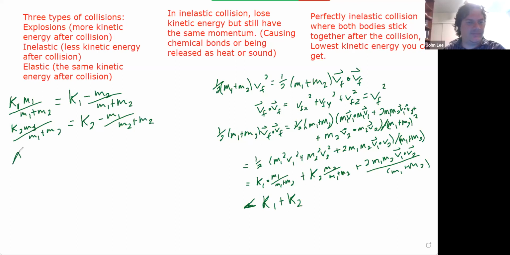So delta K is equal to K1 plus K2 minus the final kinetic energy.